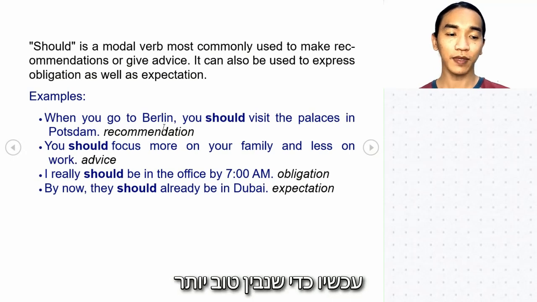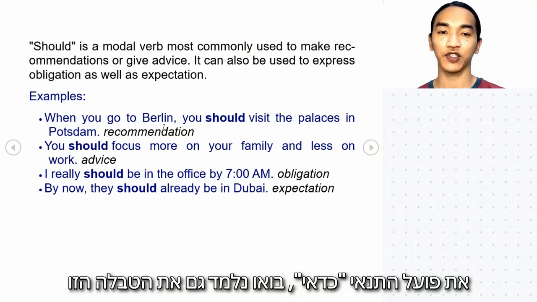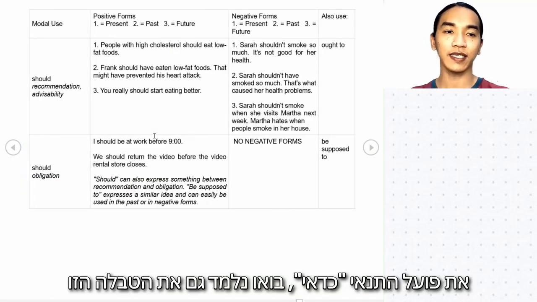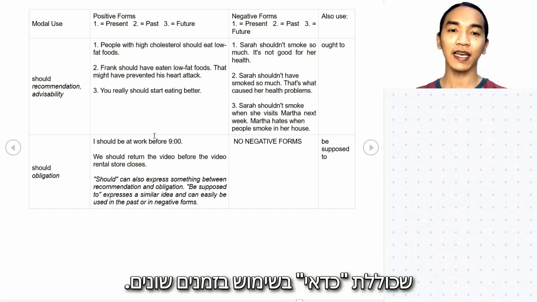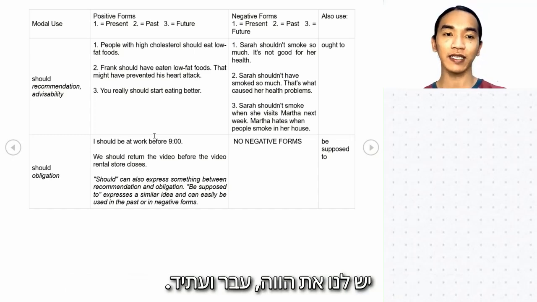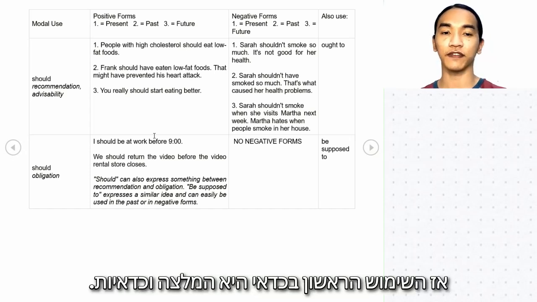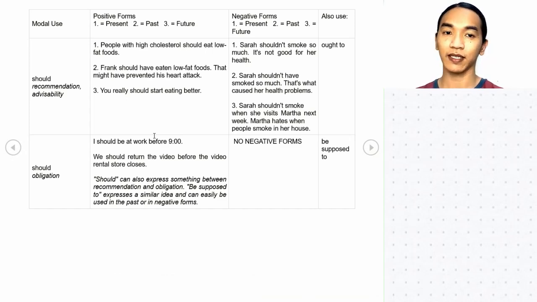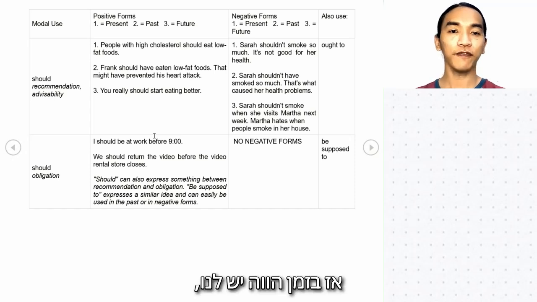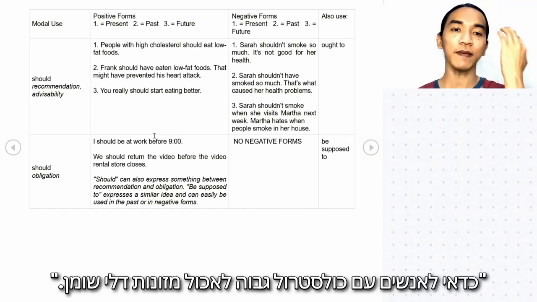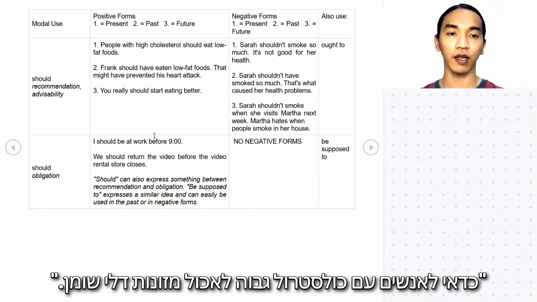All right? Now, for us to have a better understanding of should, let's also study this table that indicates should that is used in different tenses. We have the present, past, and the future. So the first usage of should is recommendation and advisability. Okay? So, for the present tense, we have people with high cholesterol should eat low fat foods.